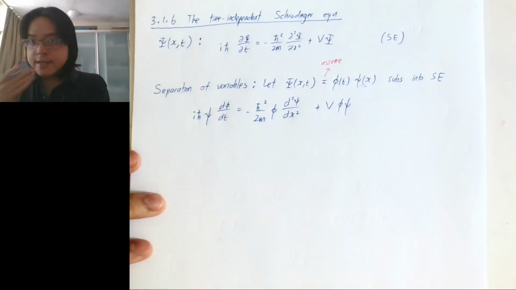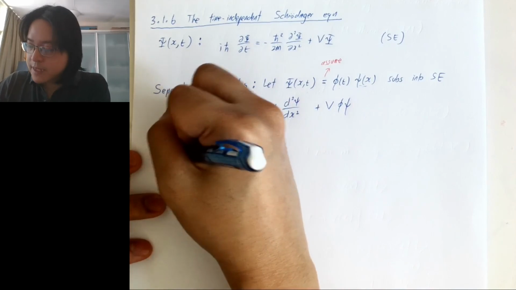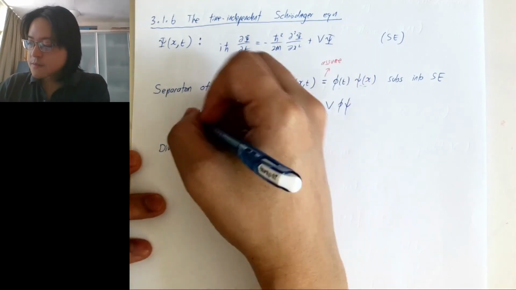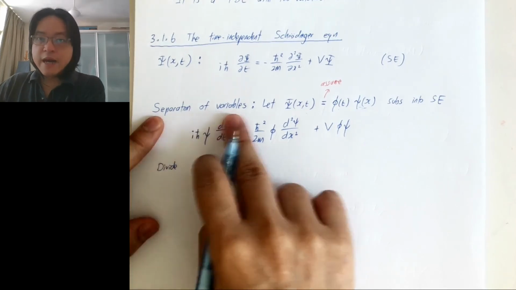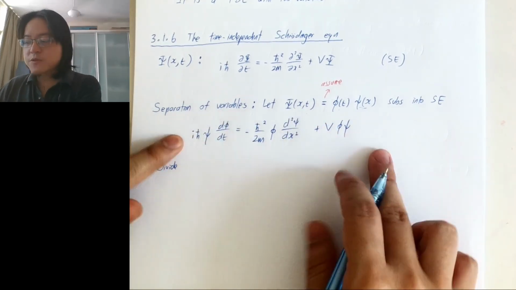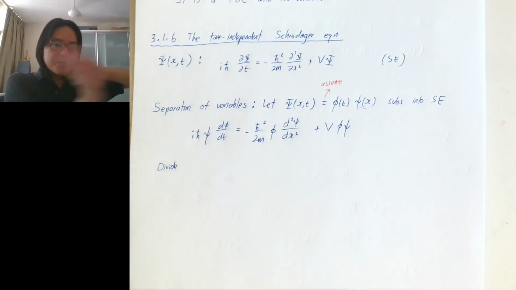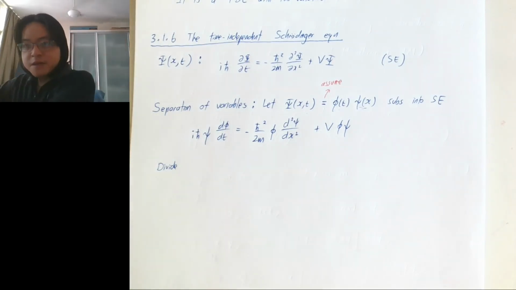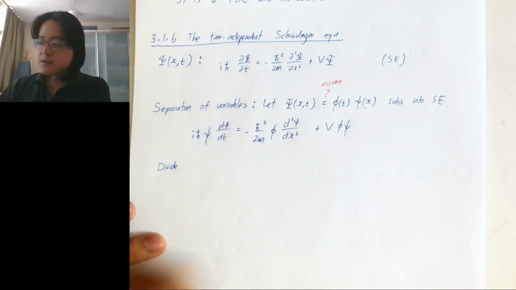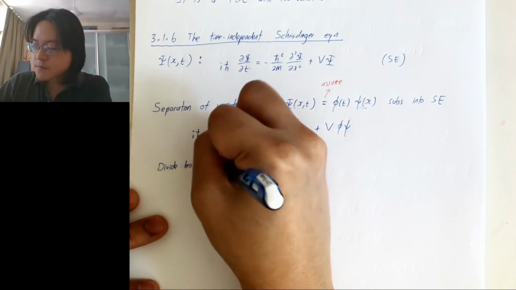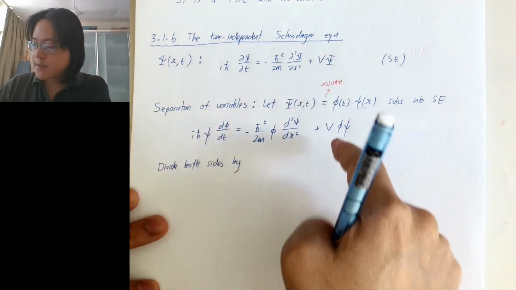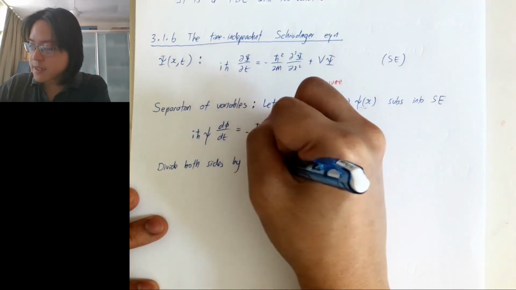And then in the next step, I will divide both sides. So I want to separate. Remember what we're trying to do, right? What I'm trying to do is push everything depending on t to one side and push everything depending on x to the other side. So the way to do this is I will divide both sides by the whole thing, phi times psi.